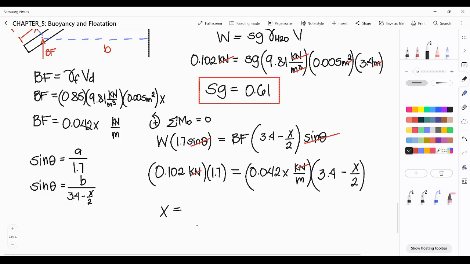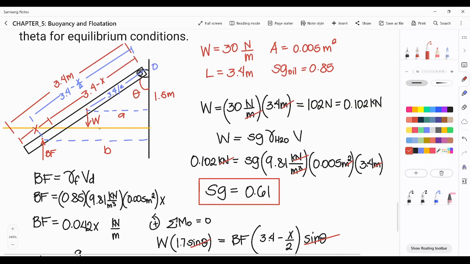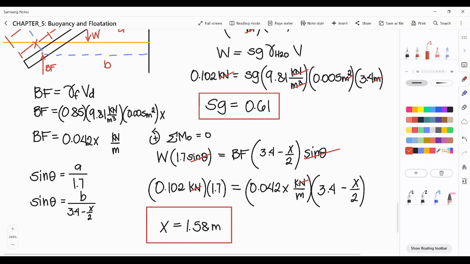So, x is approximately equal to 1.58 meters. So, yan daw yung haba na nakasubmerge dun sa oil in this diagram. I hope you guys could follow. Comment kayo pag may mga tanong kayo.